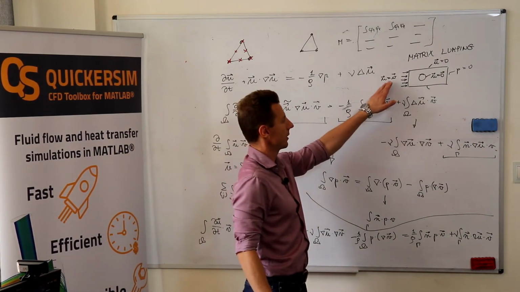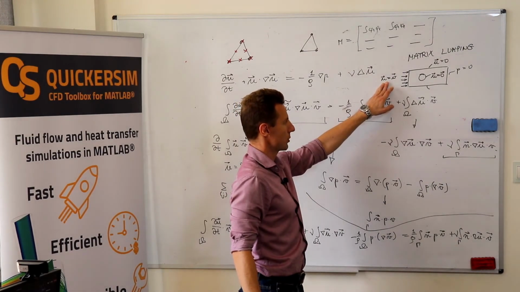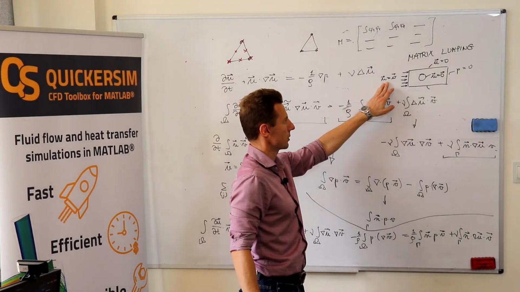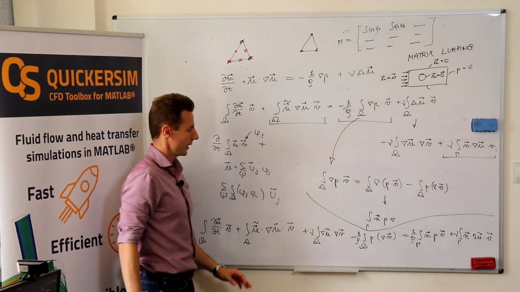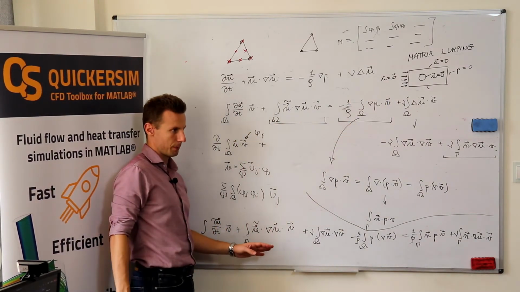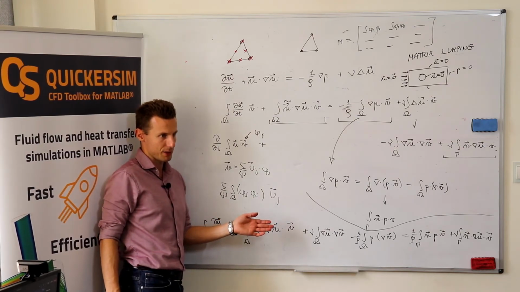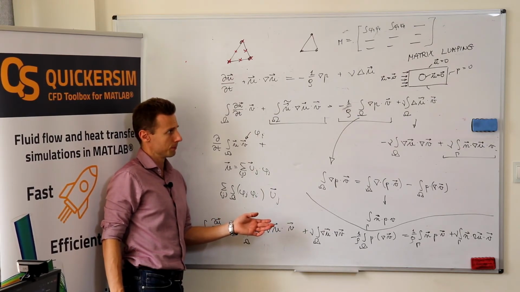Okay, so with the Dirichlet boundary conditions for velocity, it's nothing new. We need to do in the implementation what we've been discussing for the scalar problem.